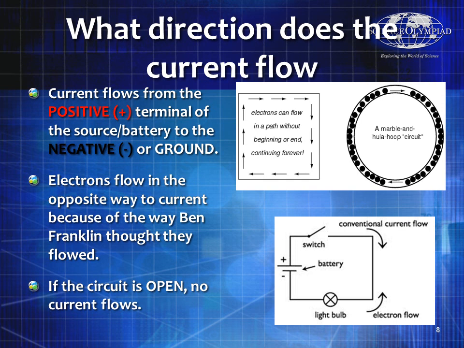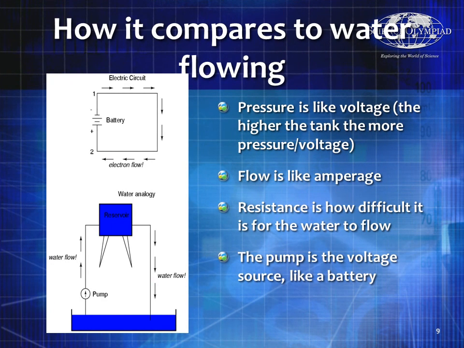However, keep in mind electrons flow opposite to the way of conventional current, honestly, because Ben Franklin guessed wrong as to which way electrons flowed. He really did some great experimentation, and he really had no way of knowing. But just keep in mind that if the circuit is open, no current flows.